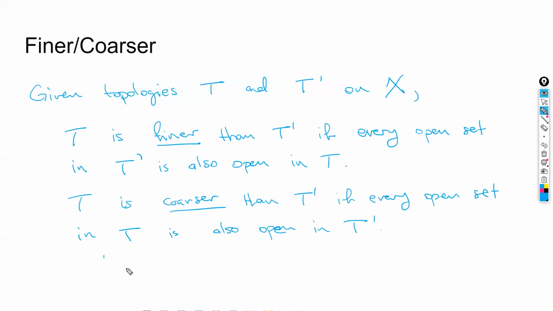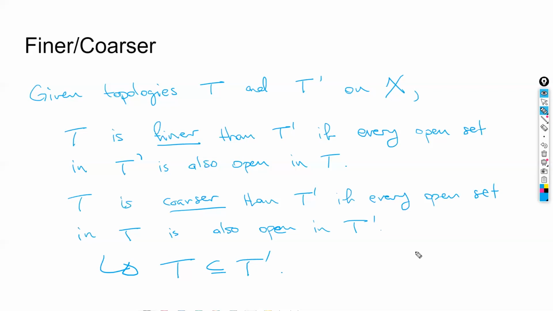Now, if T is coarser than T prime, we'll often just write this, and that's actually exactly what this means. Everything in T is also in T prime. So any set open in T is also open in T prime.